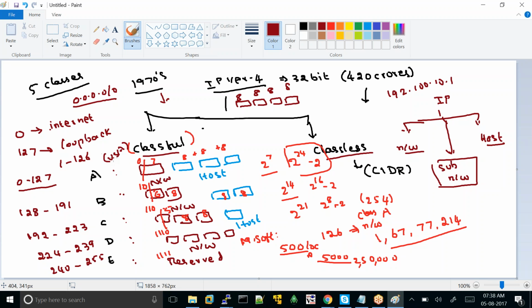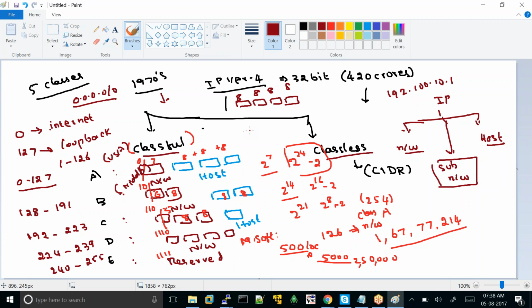Very big corporates and the government sector alone were given a class A address. And the class B address was given to some mid-level companies. If a company wants to host more than 254 computers, they want to get a class B address.